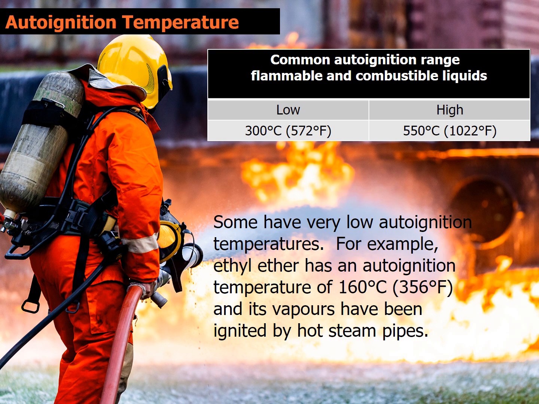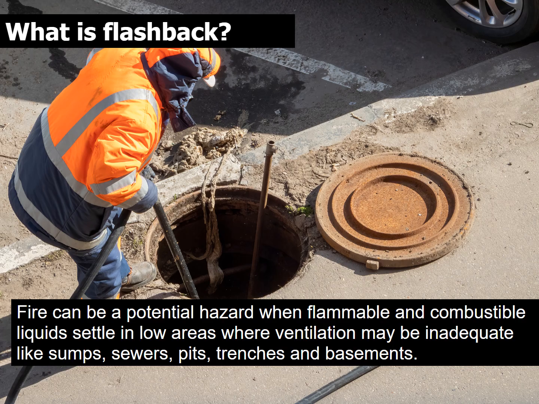Some have very low autoignition temperatures. For example, ethyl ether has an autoignition temperature of 160 degrees Celsius or 356 degrees Fahrenheit, and its vapors have been ignited by hot steam pipes. Fire can be a potential hazard when flammable and combustible liquids settle in low areas where ventilation may be inadequate, like sumps, sewers, pits, trenches, and basements.